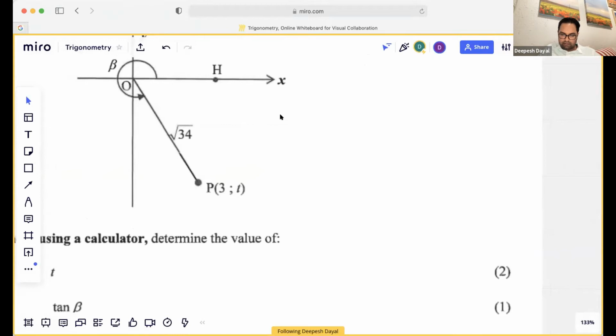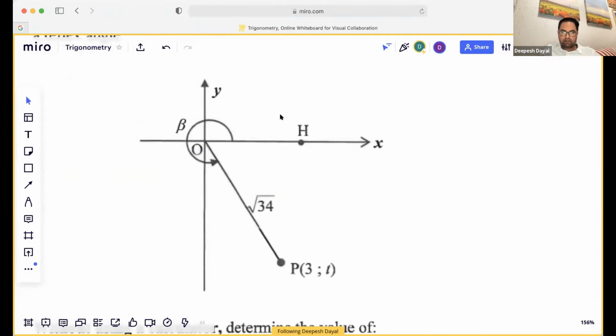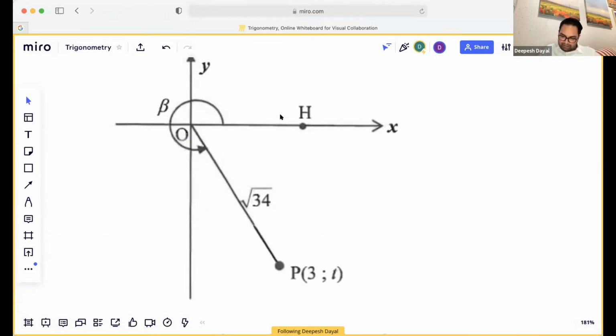So we've got here, this represents x and this represents y, right? And we can actually complete the triangle here and make that 90 degrees, right? And we can now find the missing values. So we've got x is 3. So this is 3.